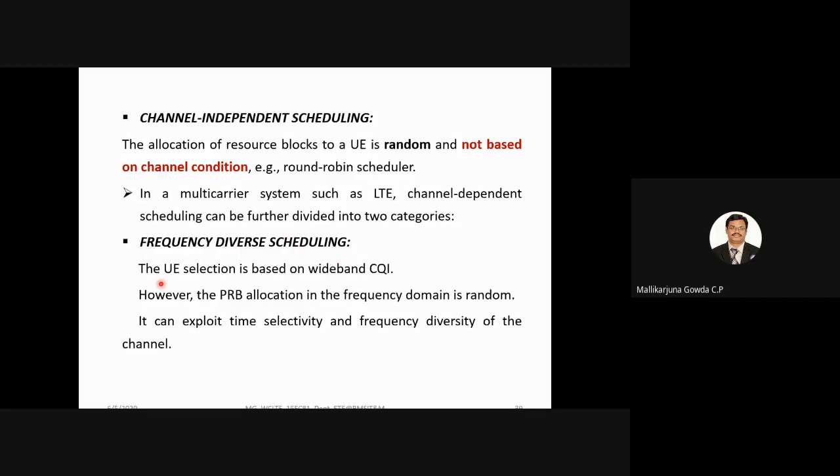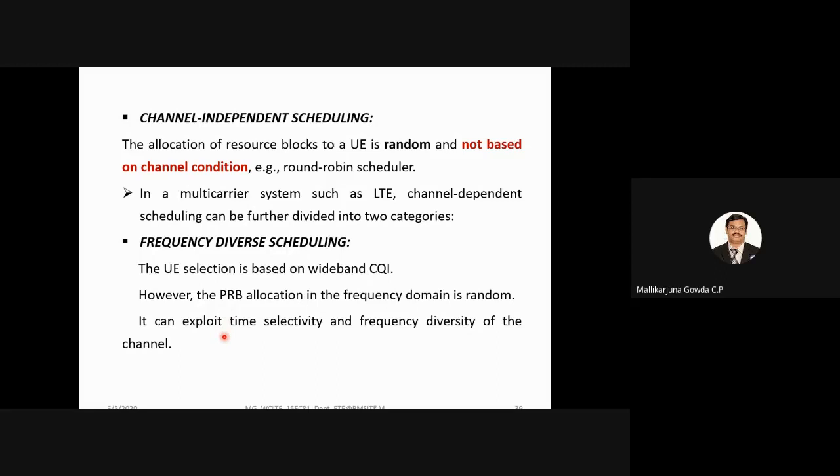So in this case, the user equipment selection is based on the wideband CQI, that is channel quality indicator, and the PRB allocation is in the frequency domain, and it is random, and it can exploit time selectivity as well as frequency diversity of the channel. Okay. So basically there are two types of resource scheduling, right? One is channel dependent, another one is channel independent.